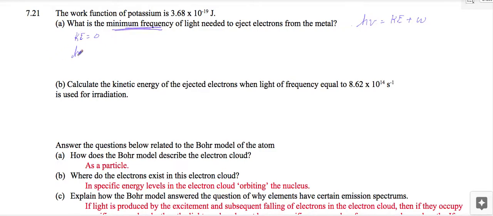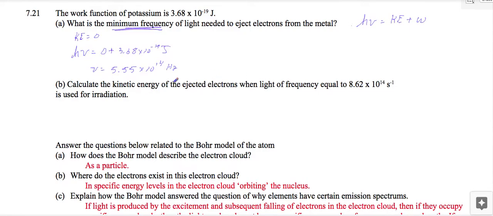So we have Planck's constant times frequency, and that gets us our kinetic energy, which is 0 plus our 3.68 times 10 to the minus 19th joules, and frequency is equal to 5.55 times 10 to the 14th hertz.